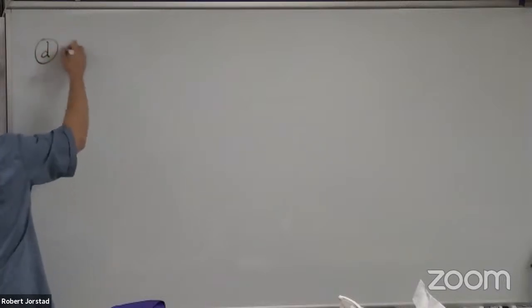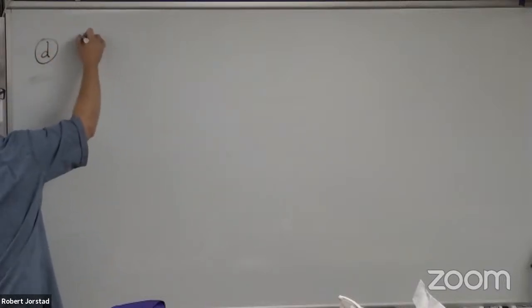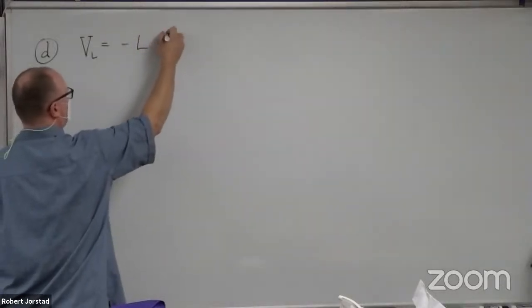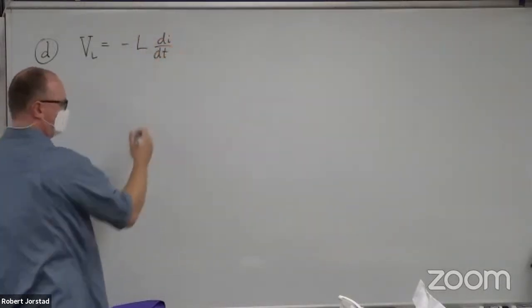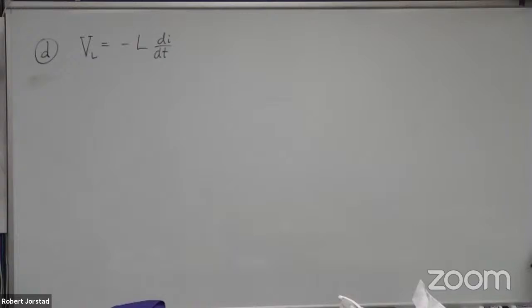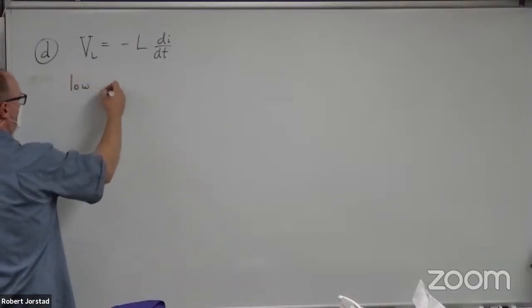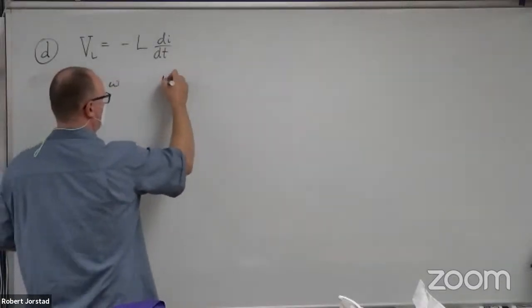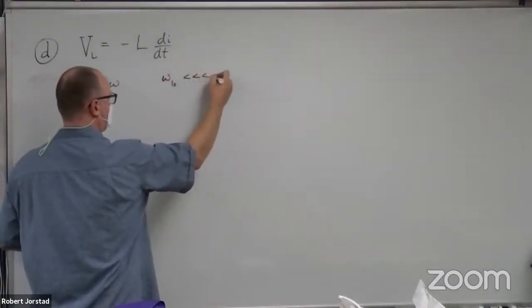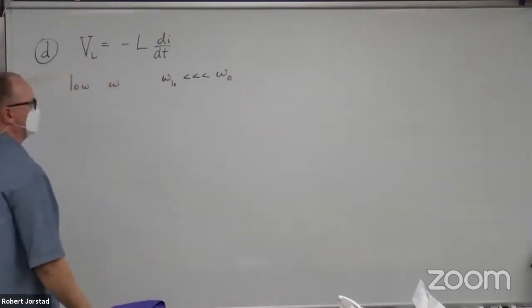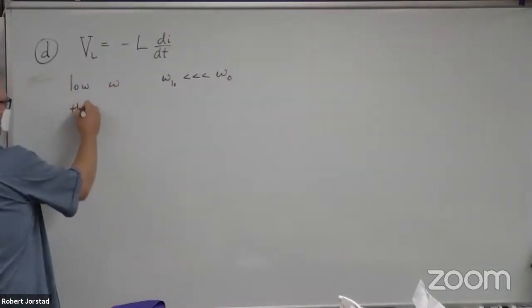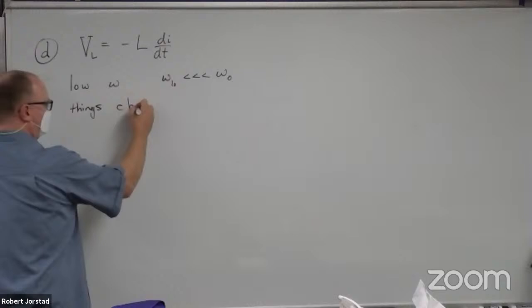What's part D? Okay, so D. We know the voltage across an inductor is minus L di/dt. If we use low omega, much, much, much less than the resonance frequency, do things change quickly or slowly?